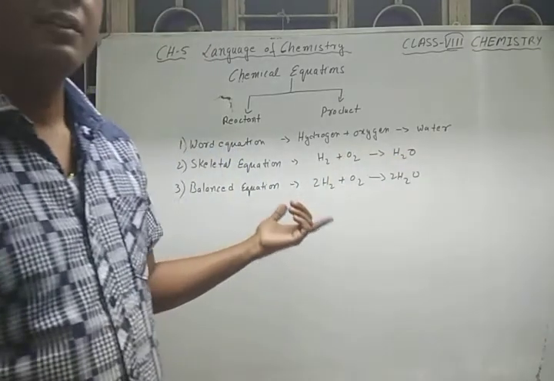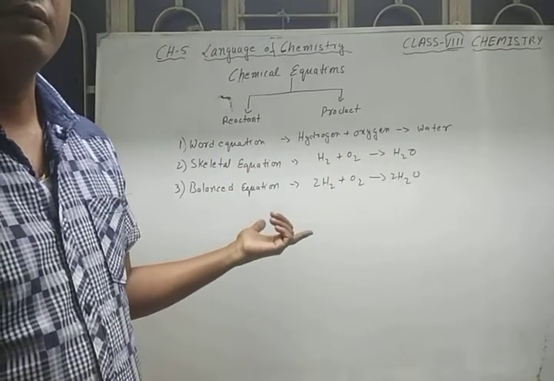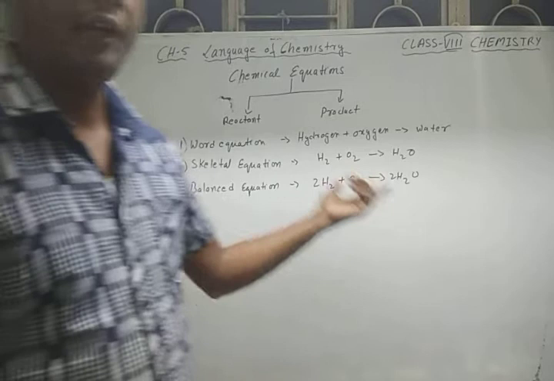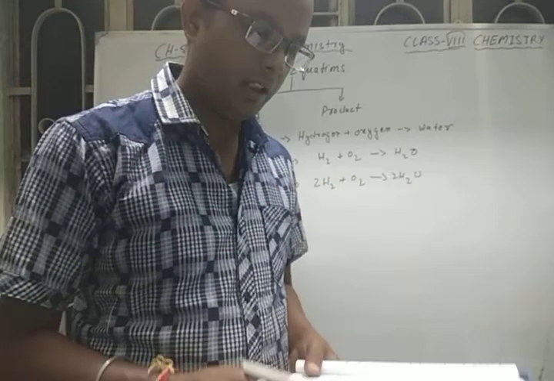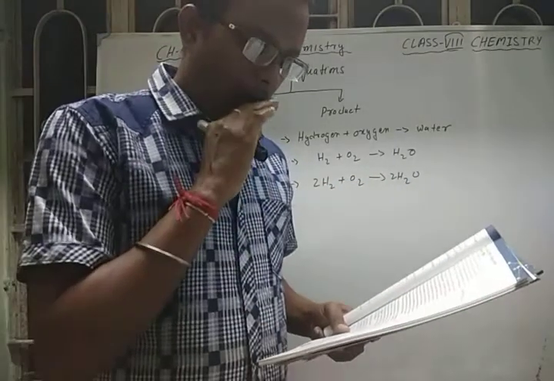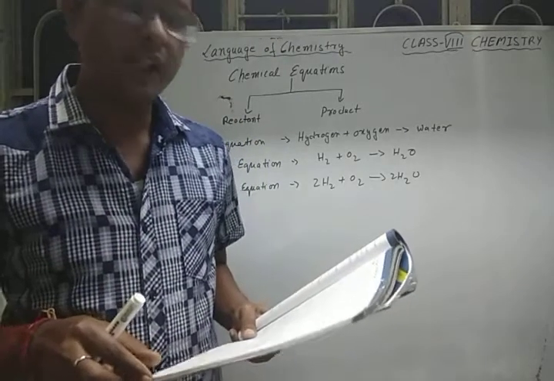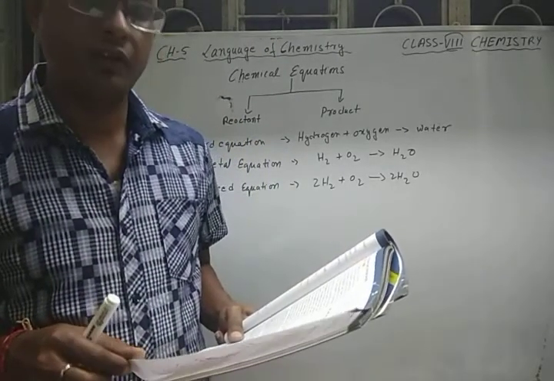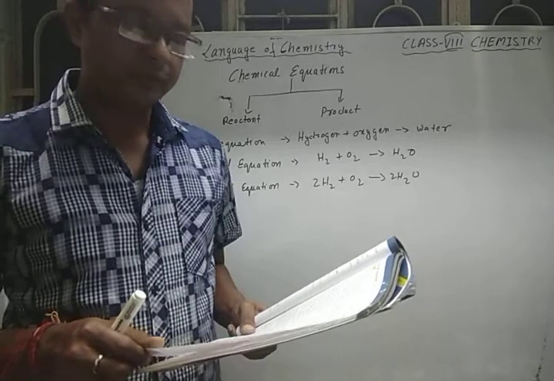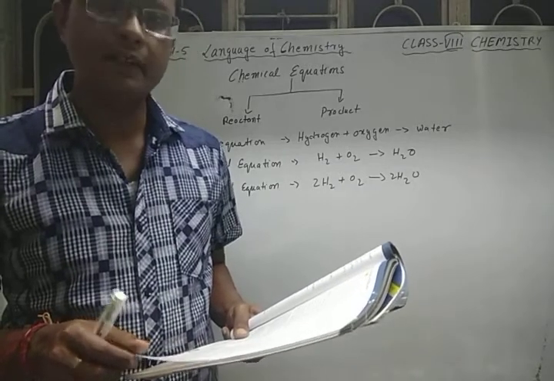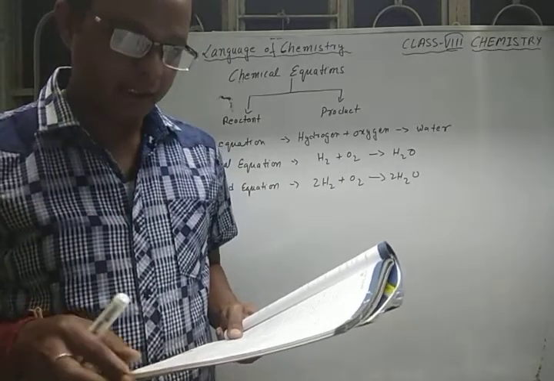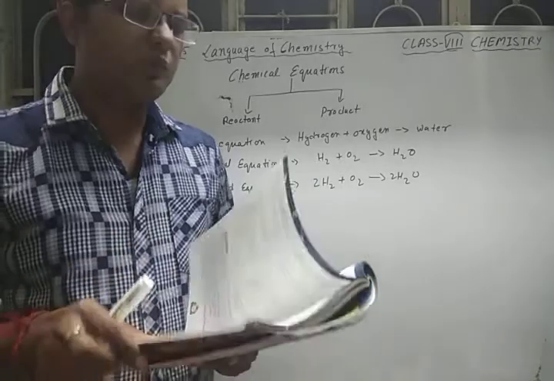That is one reason for which we have to balance the chemical equation. So applying atomic theory is a reason for balancing a chemical reaction. Okay.